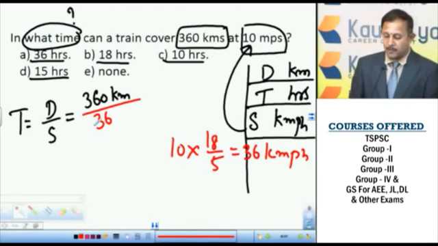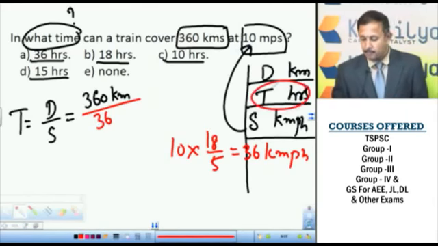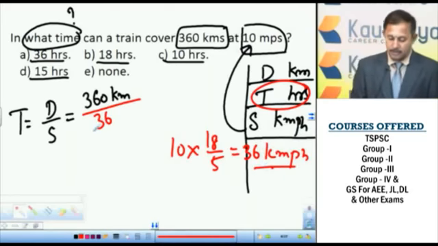You are not supposed to apply 10 directly in this place, because we are interested in finding the time period in hours. Then the speed must be in kilometer per hour. So first of all you have to convert the speed from meters per second to kilometer per hour, that is 36, which can be applied in the formula. So therefore it requires how many hours?